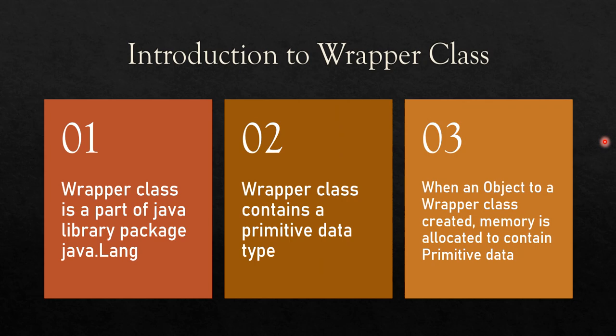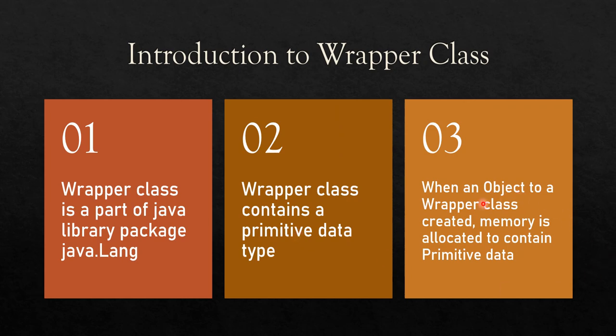A wrapper class contains a primitive data type. What this wrapper class contains is nothing but data. It can be any primitive data type. It can be an integer value, a character value, a boolean value, or a float value. Any such value can be held in the wrapper class.